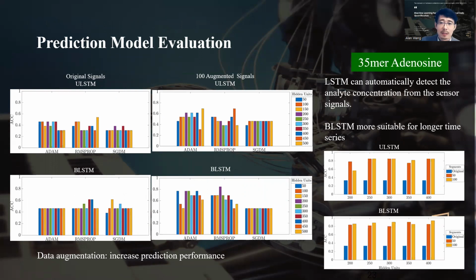Basically, the data augmentation is very effective to increase the prediction performance from the experimental results. And the LSTM can automatically detect the analyzed concentration from the sensor signals, especially the bidirectional LSTM, or BLSTM model, which is more suitable for longer time series.